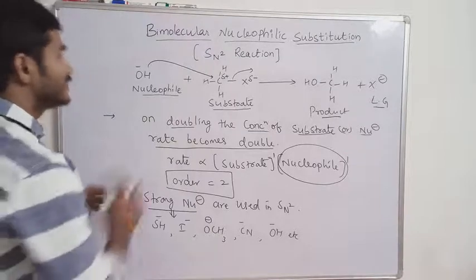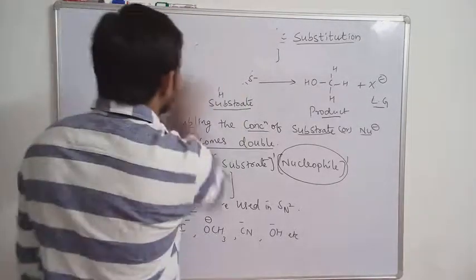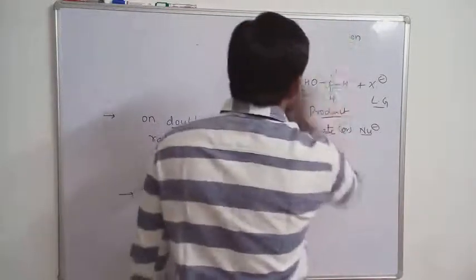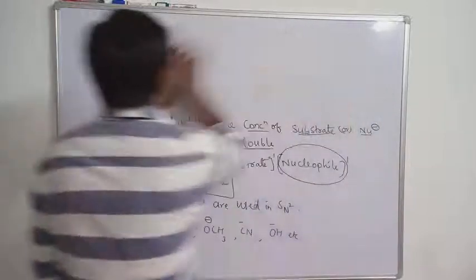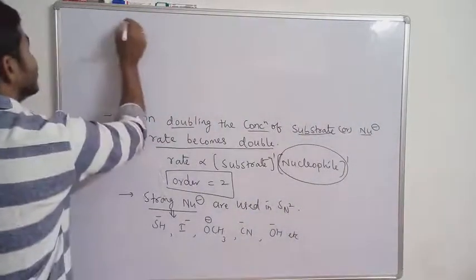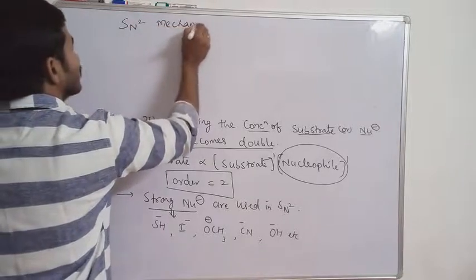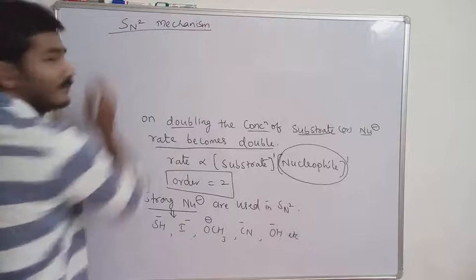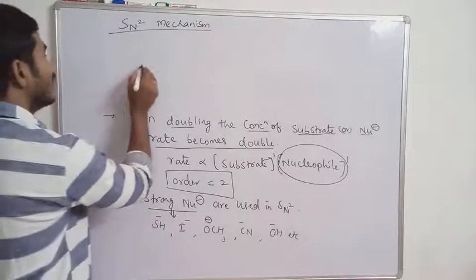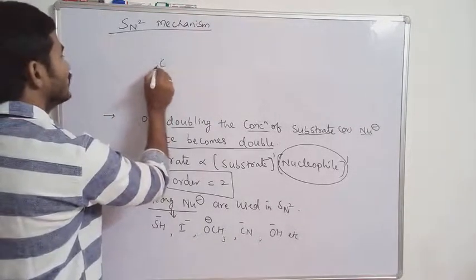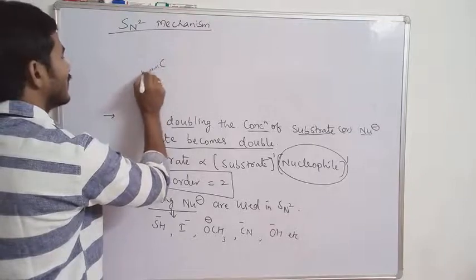Now let us see the mechanism of the SN2 reaction, how it proceeds, how it attacks, and how the product is formed. I will write here SN2 reaction mechanism. If you observe this, I am taking one molecule of methyl halide.